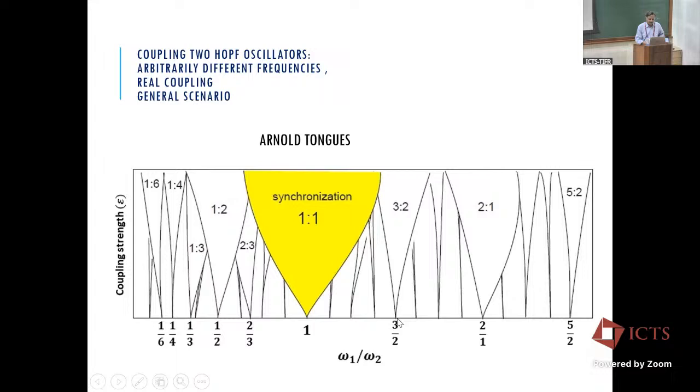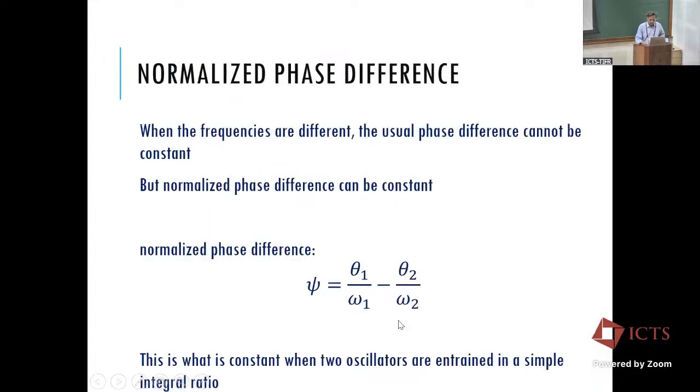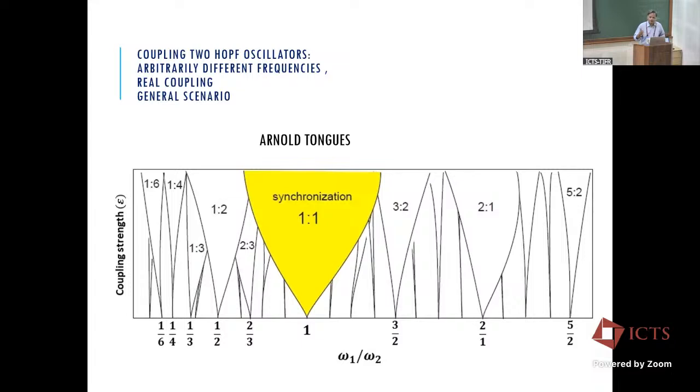Now if you have something like a 3:2 ratio, say 1.672 or something is the actual ratio, and you use a sufficiently strong coupling strength, it will go to 3:2, the simple integral ratio in terms of frequencies. It will have a constant, not a phase difference, but what's called a normalized phase difference. This is called entrainment.